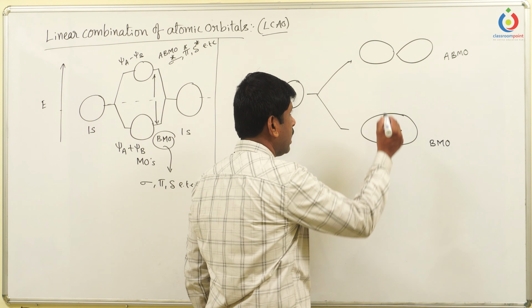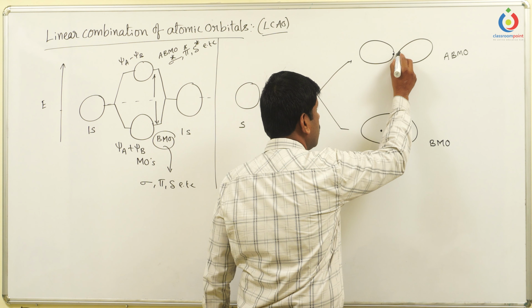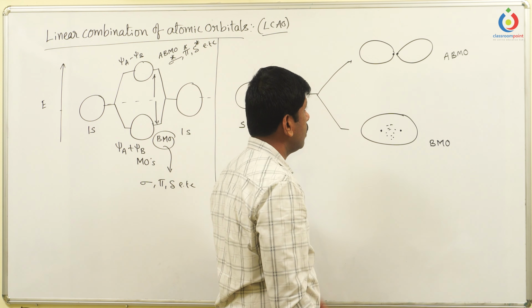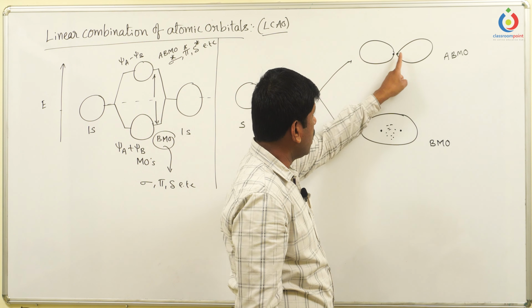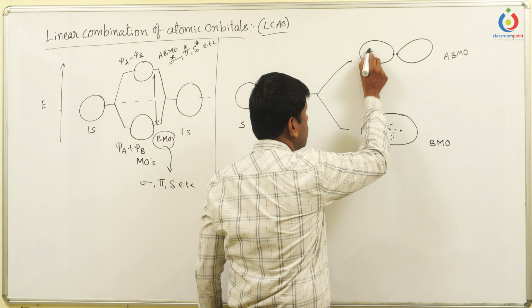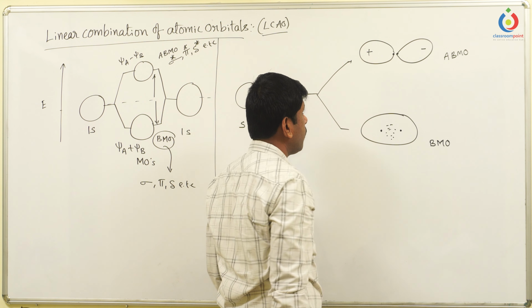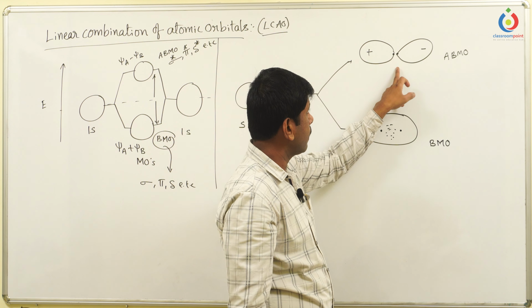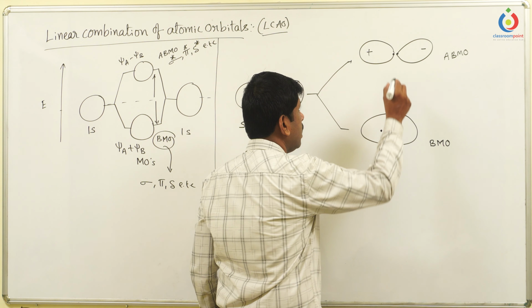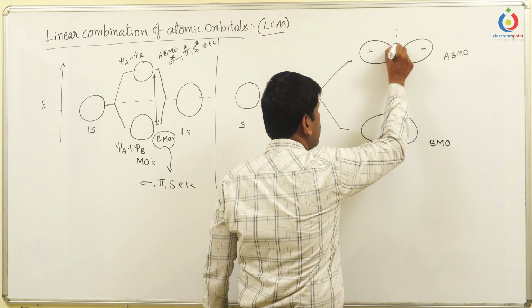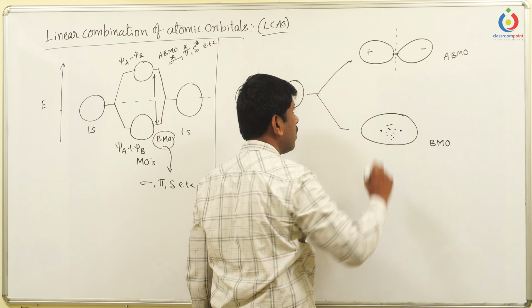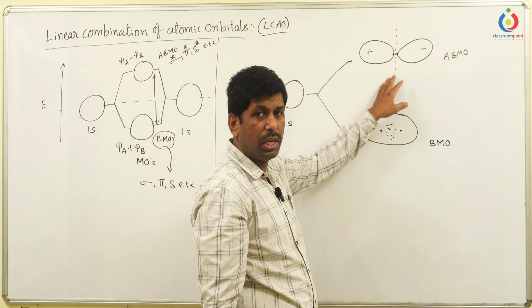And in the case of the anti-bonding molecular orbital, these are the nuclei. You can see that electrons are present away from both of these nuclei. That causes a nodal plane between the nuclei. There is no electron density between both nuclei.